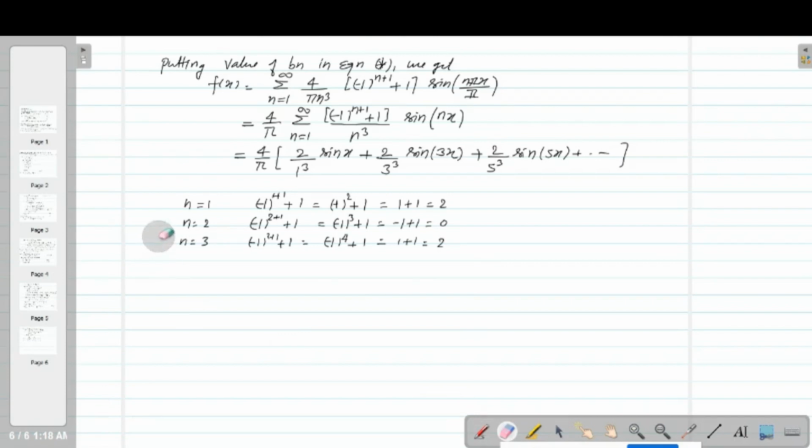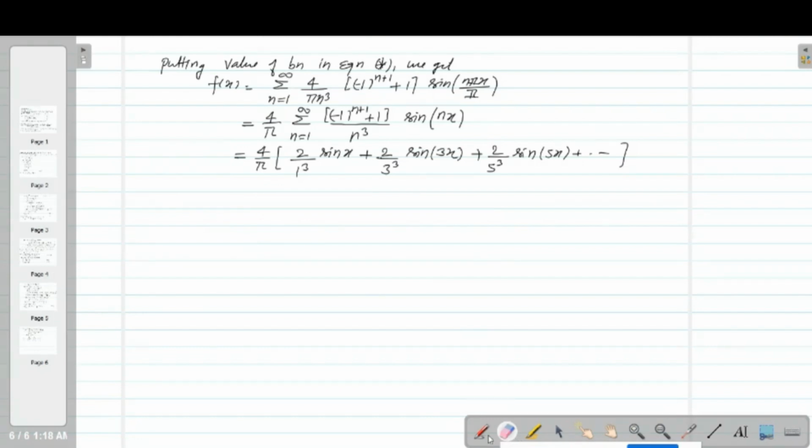Only odd terms will survive. Okay, so this is the required half range sine series. Okay, so now what?